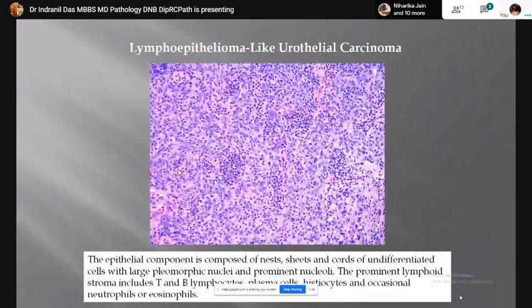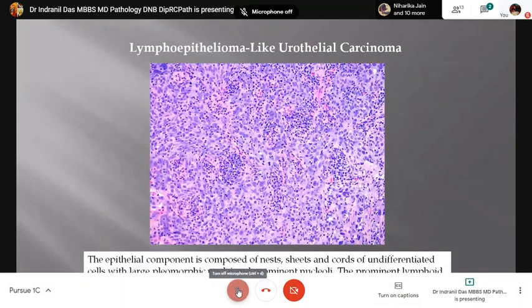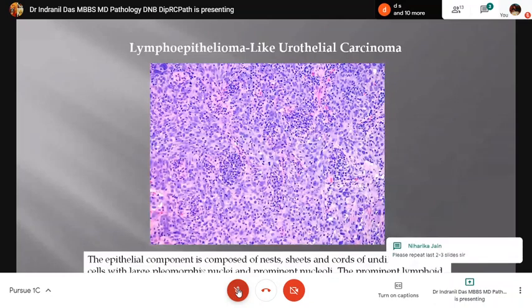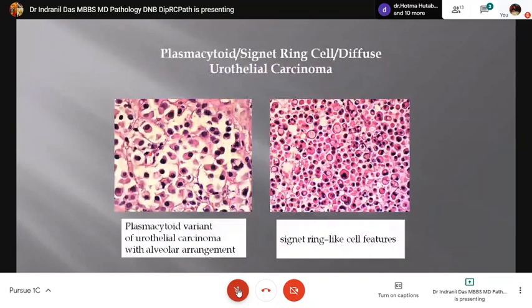So, in lymphoepithelioma-like urothelial carcinoma, the epithelial component is usually composed of nests, sheets, and pods of undifferentiated cells, showing nuclear spindling, nuclear hyperchromasia, nuclear anaplasia, and conspicuous nucleoli. In between the tumor cells, there are innumerable lymphocytes, that may be T or B lymphocytes, admixed with some histiocytes.